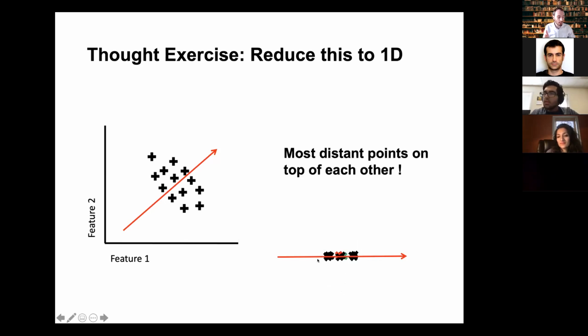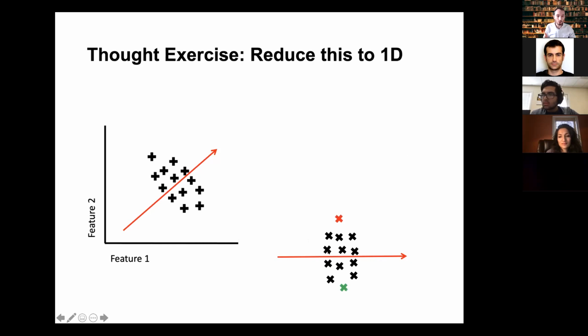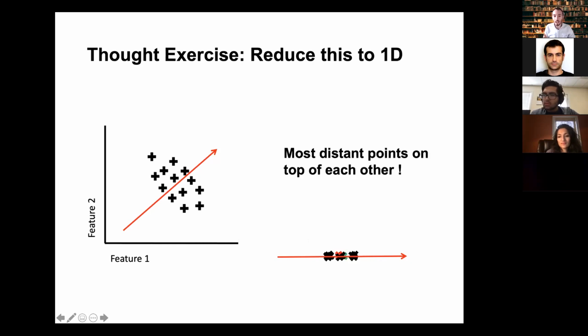So this is the data. We've gone from 2 dimensions, projected it down to 1 dimension. But the problem, as you can see, with projecting this data set onto this line is that the 2 points that were the most farthest apart from each other now are immediately on top of each other. So structure that existed in this data set in 2 dimensions has been lost by projecting it into 1 dimension.